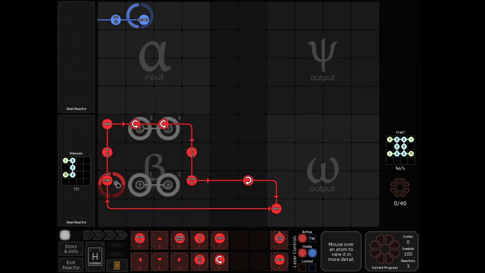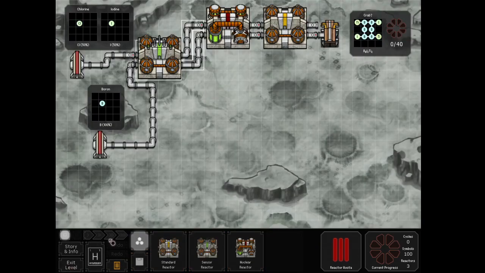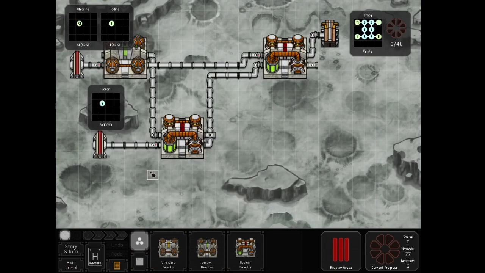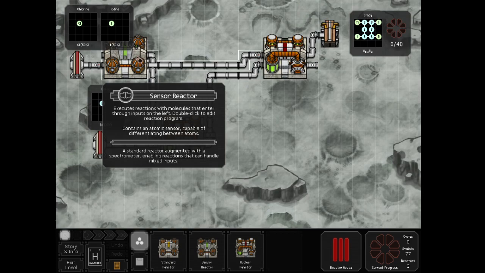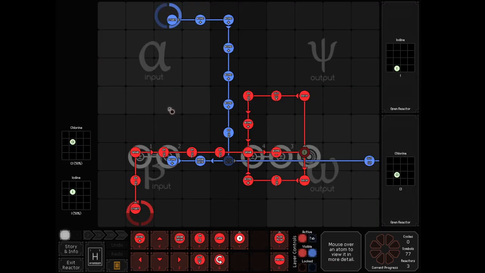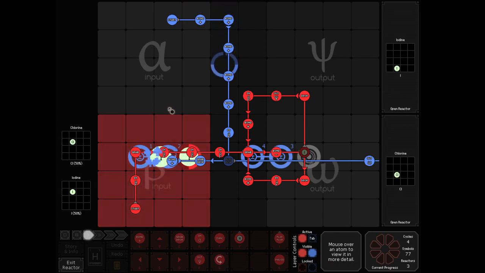All right, very nice. Let's take a look at JFB 1337, who did not have 1337 cycles, but pretty close. This is going to be the more common layout, which I think almost everyone used, putting the boron into its own reactor so that the sorting doesn't also need to do the boron construction, which will allow for some speed ups.